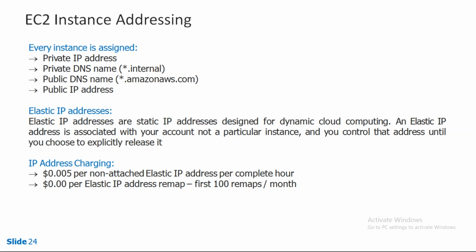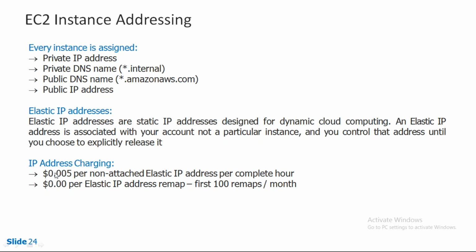And as you go with an elastic IP address, it must be associated with an instance. If not, you are charged. And you control that IP address until you choose to explicitly release it.